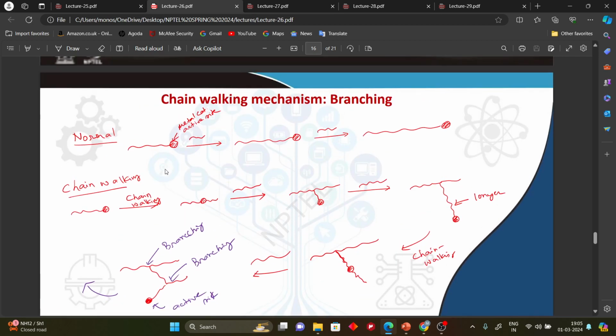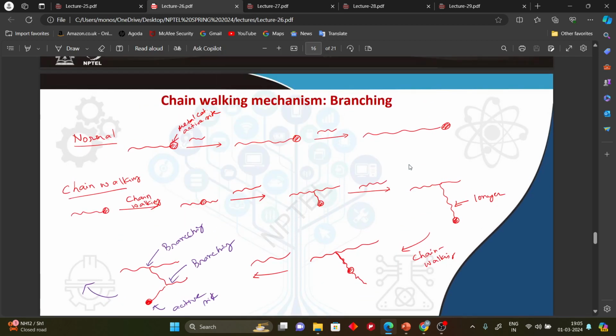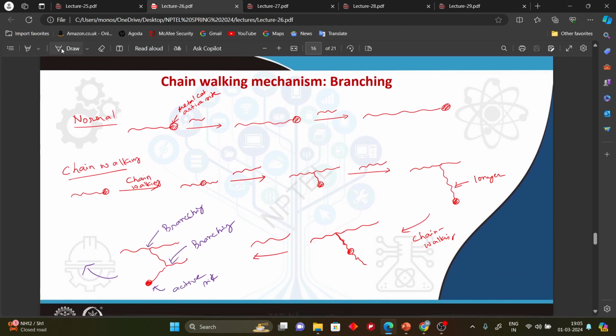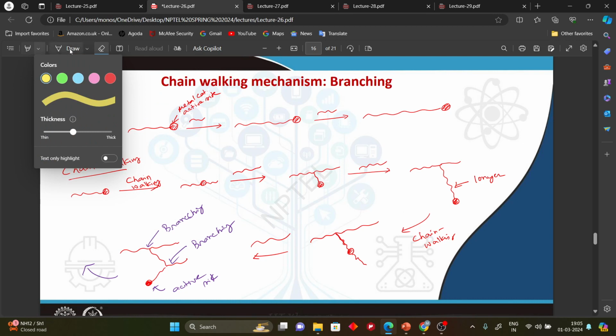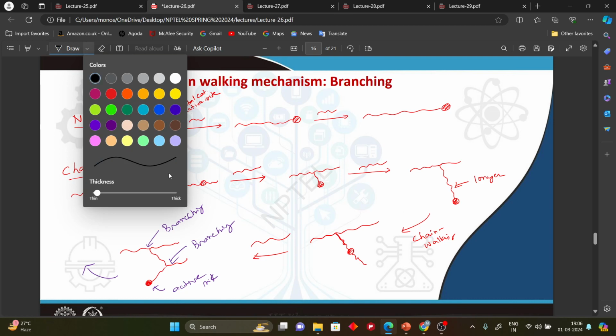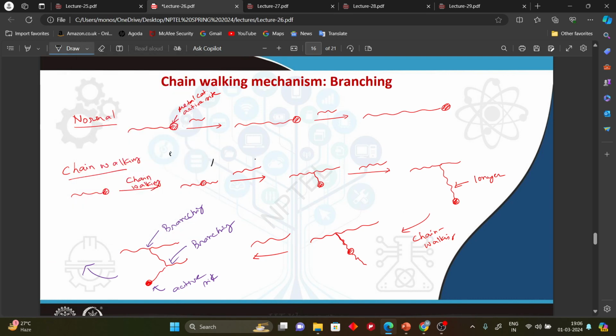So for normal branching, in the chain you can see this metal active site is there, and monomer units can keep coming like this, and the chain can go in this kind of linear fashion.